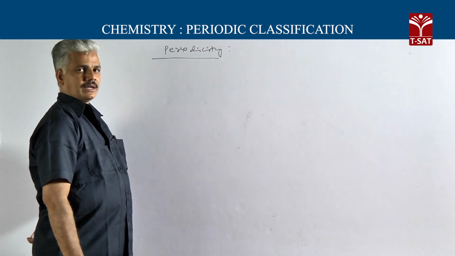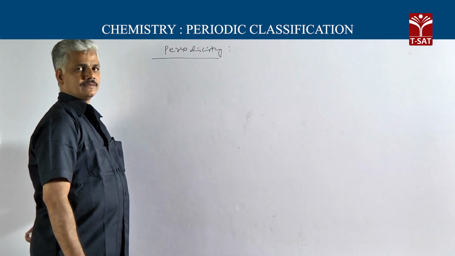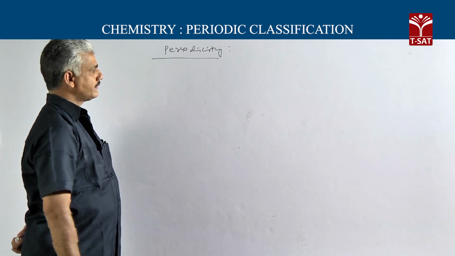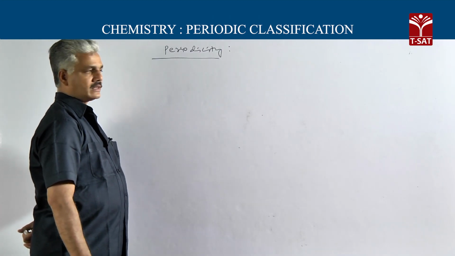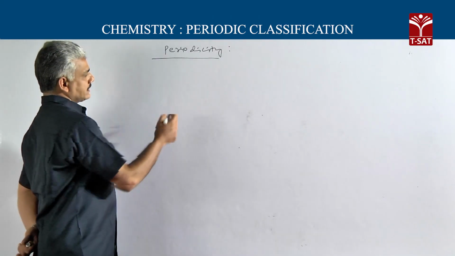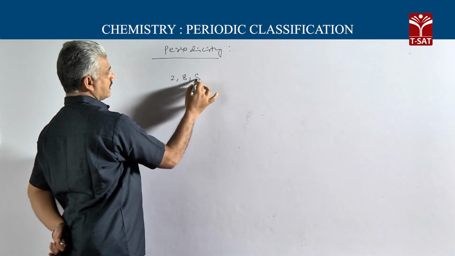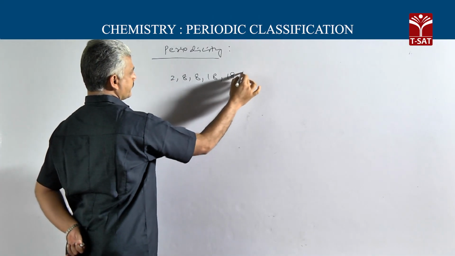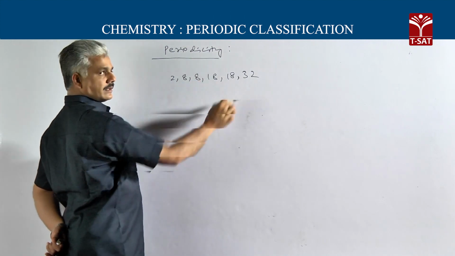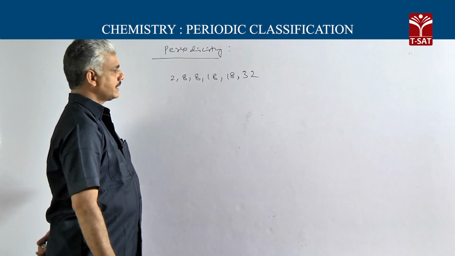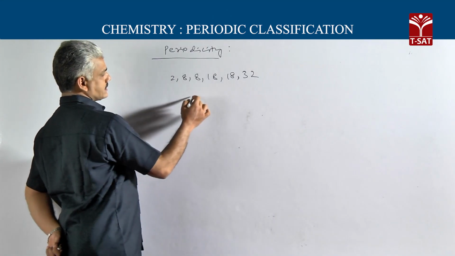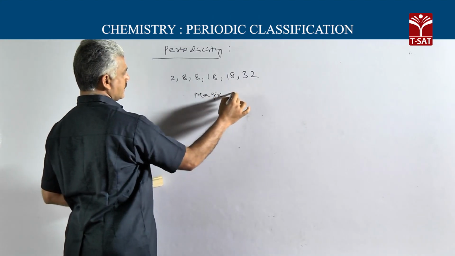In the periodic table, the properties of elements are repeated at regular intervals of atomic numbers. That phenomenon is taken as periodicity. The intervals in which the properties are repeated are 2, 8, 8, 18, 18, 32. As the properties are repeated at these intervals of atomic numbers, these numbers are called magic numbers.